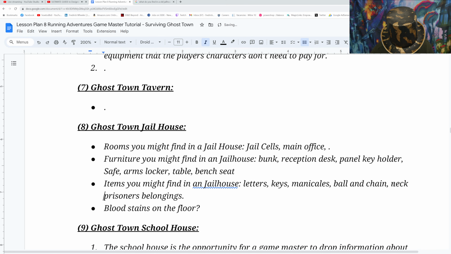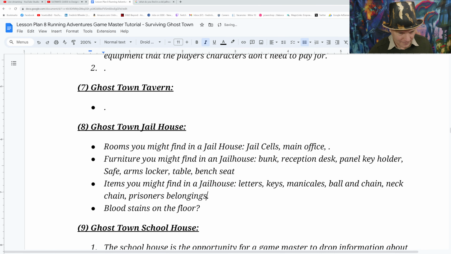Neck chain, sure. Prisoner's belongings. A piss bucket. Yes. It's a chamber pot, really. A piss bucket is basically a chamber pot.